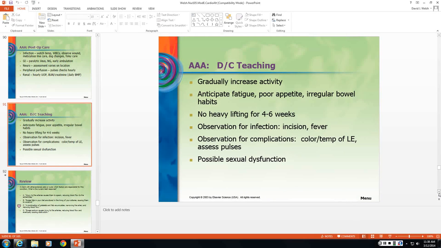They're going to observe for any kind of complications, so any color or temperature change of the lower extremities. They need to learn how to check their pulses, and they're also going to have to be taught about possible sexual dysfunction because of the loss of blood flow to that area.